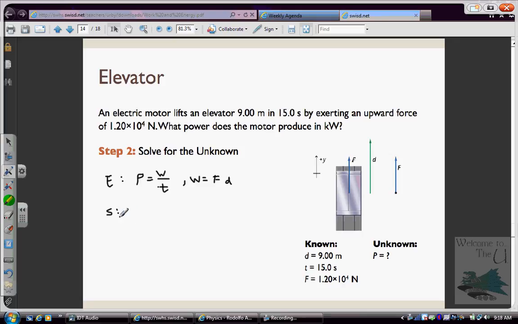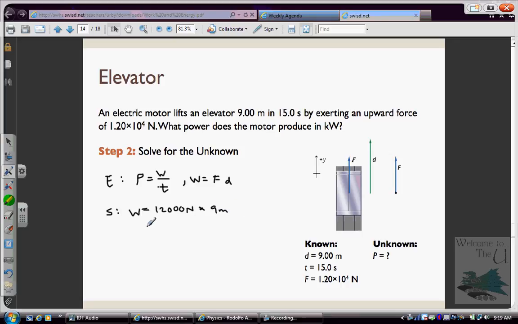So we can't really do this equation yet because we don't know what the work is. We have the time and we want to find power. So we should finish this equation first. So work is what we're trying to find first. And our work is going to be equal to that 12,000 newtons, and we're going to multiply that 12,000 newtons times the distance or the displacement it traveled up, which is 9 meters.